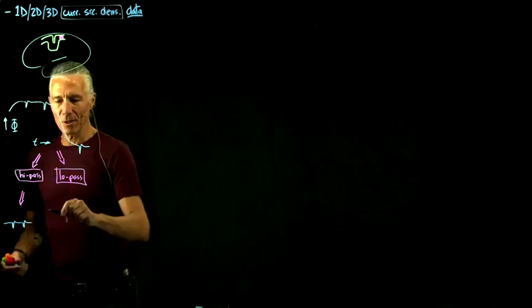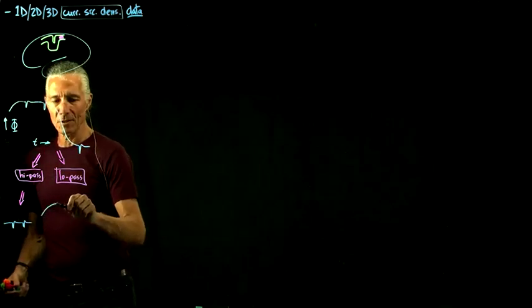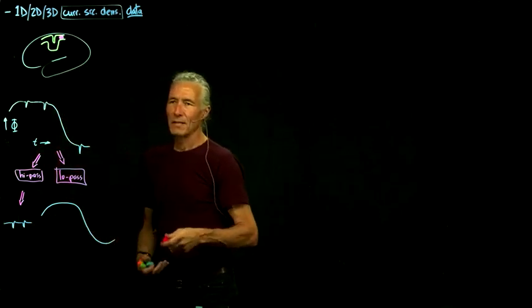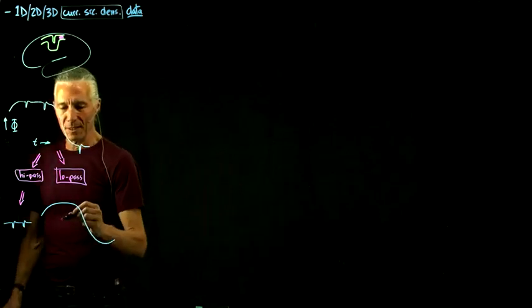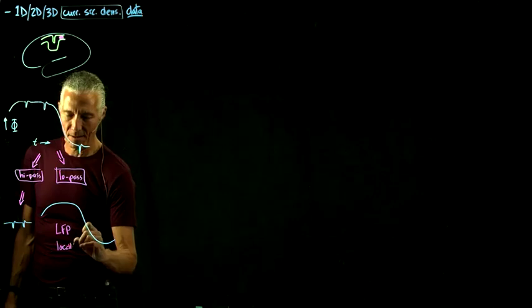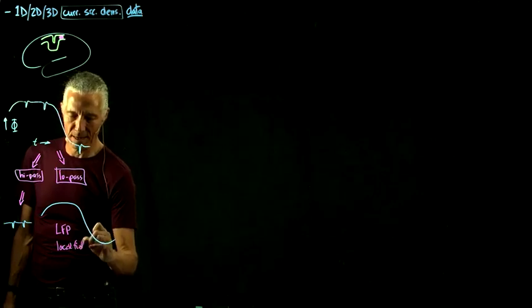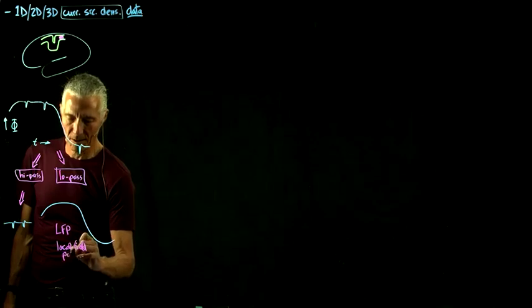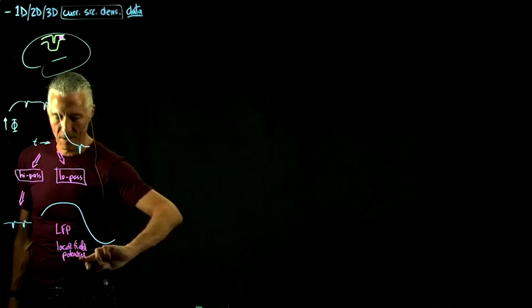And in that case, you'll just see this local field potential. This is usually called local field potential, LFP, and that's the basic data that we're going to be talking about using. So local field potential, and here's spikes.